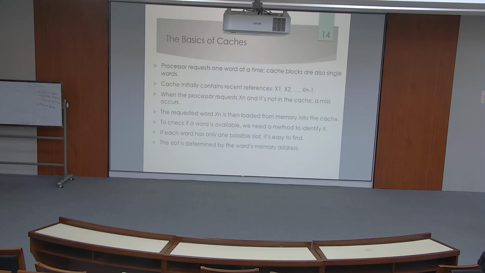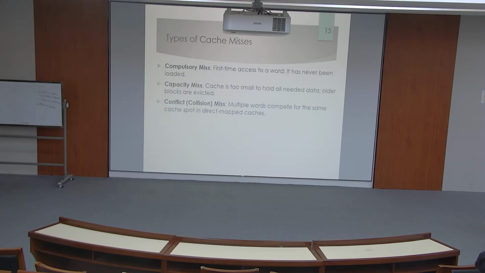Now, when there is a miss, when the data is not found in the upper level of the memory, we have three different types of miss. The first one is the compulsory miss. Now we have this cache.